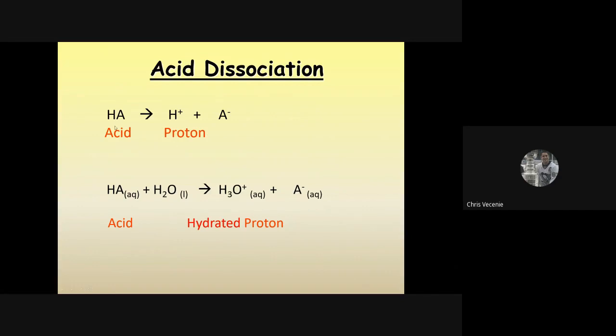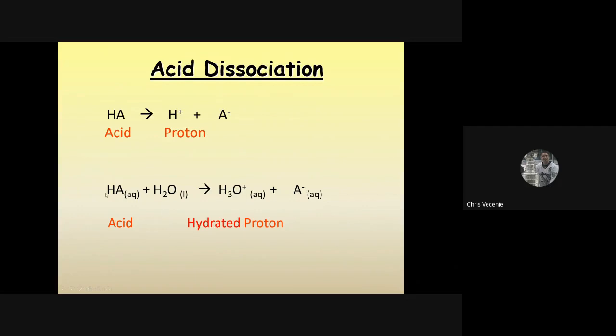So in this slide right here up top, it's just showing you that this is breaking apart into H+ and A-. I always like the bottom depiction better, because we are saying that an acid is a proton donor. Well, here it doesn't look like it's giving it away. It looks like it's just falling apart.